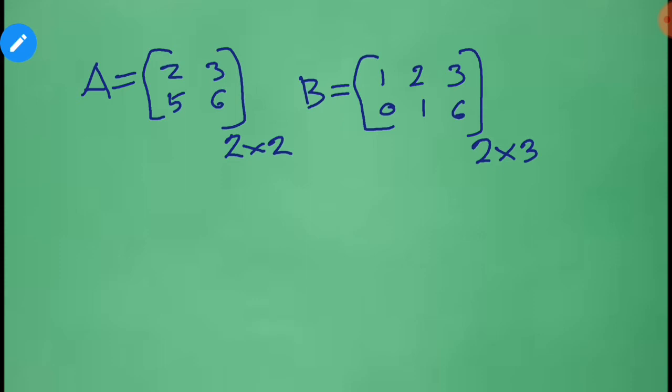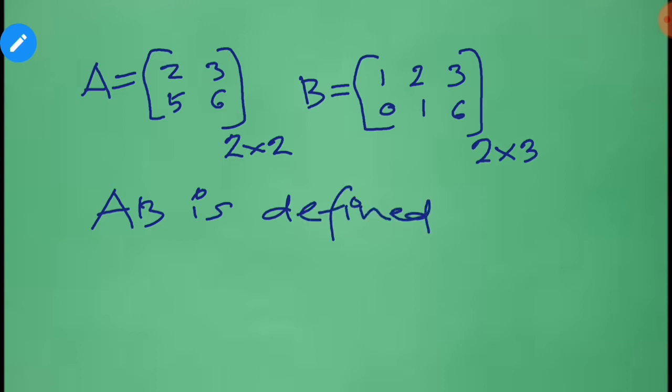Clearly, here AB is defined, since the number of columns of A, that is 2, equals the number of rows of B.